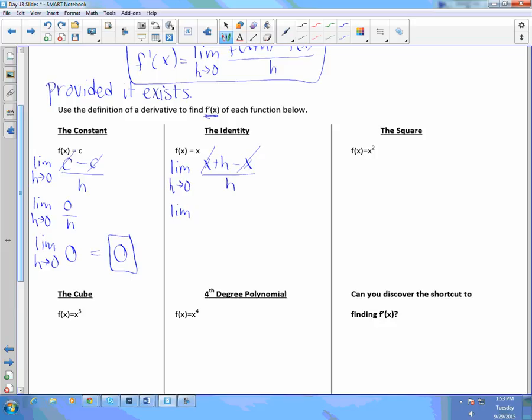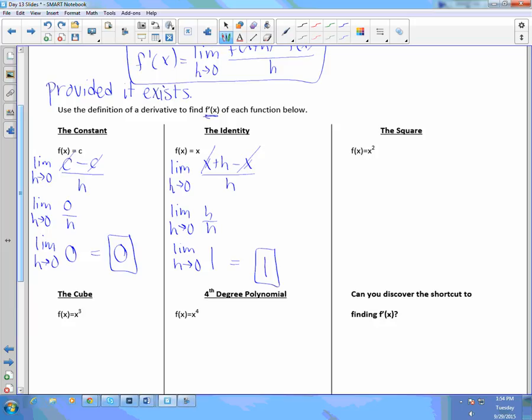So we have the limit as h approaches 0 of h over h. What is h over h? 1. We don't put in 0 yet because that would be an indeterminate form. So I'm going to keep the limit as h approaches 0 of 1, which is just 1.